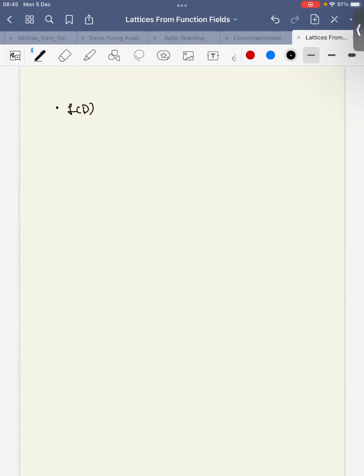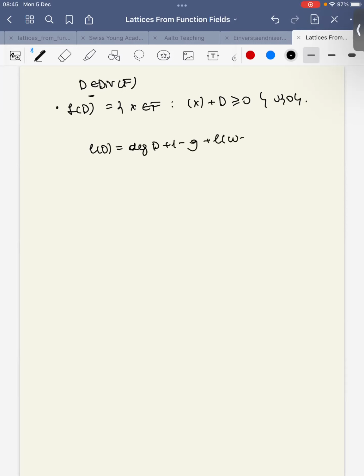The most important geometric object inside of a function field was the Riemann-Roch space for a given divisor D. We define the Riemann-Roch space as the set which contains the functions such that their principal divisor plus the given divisor D is positive. Indeed, we have seen that this is a finite dimensional vector space, and its dimension provides important global invariants such as the genus or the canonical divisor.